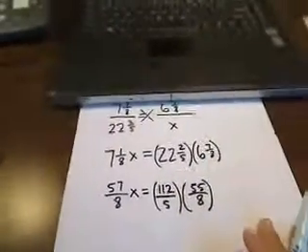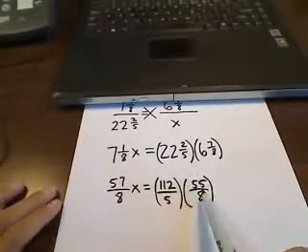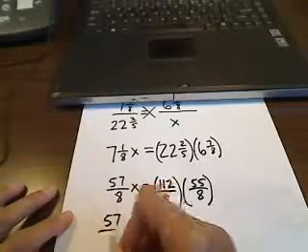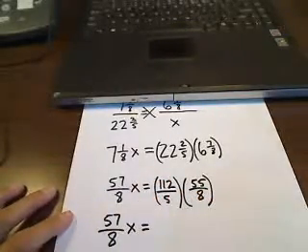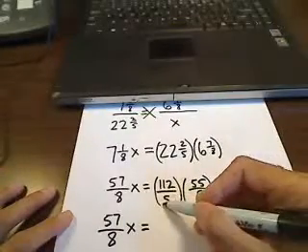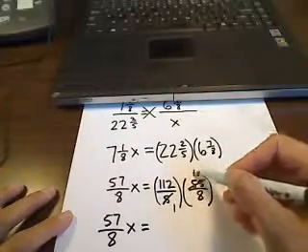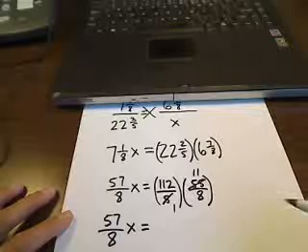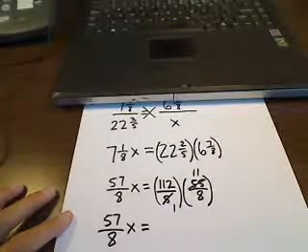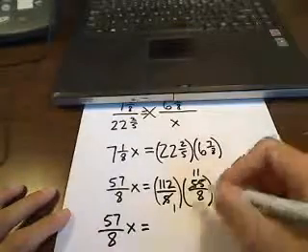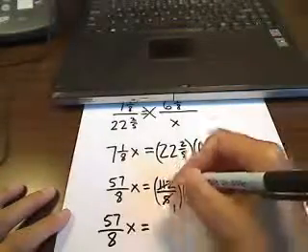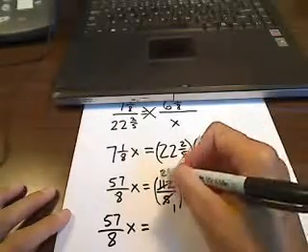It's just easier to work with these fractions when they're not in mixed form. Now I'm going to multiply straight across. So I have 57 over 8x equaling, and there is some reducing I can do here. 5 goes into 5 once, into 55 eleven times. 112 is divisible by 2, and also by 4. So 4 goes in here twice, and 4 goes into 112 twenty-eight times.